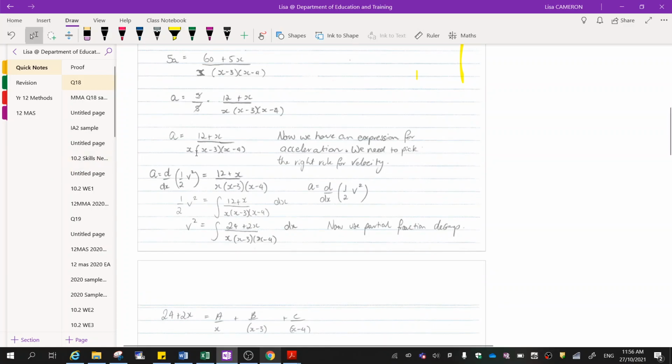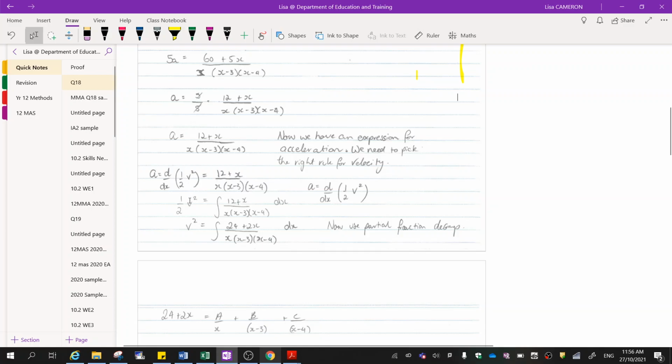Now, the next thing that I need to do, before I can start splitting up my fractions, is work out which expression for velocity is the one that we want. You can see here that this expression has all x's in it, which means that I want the denominator of this to have an x. And I want to choose the expression that has the velocity.